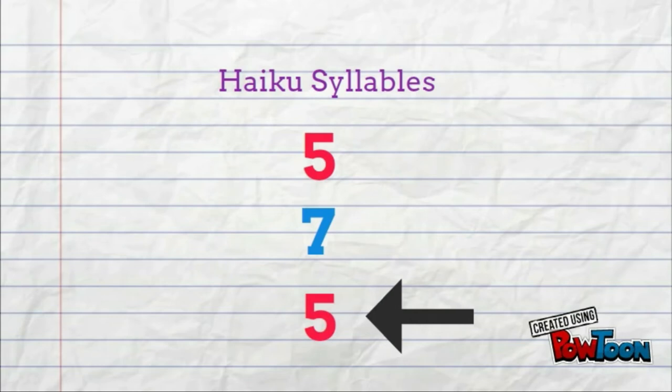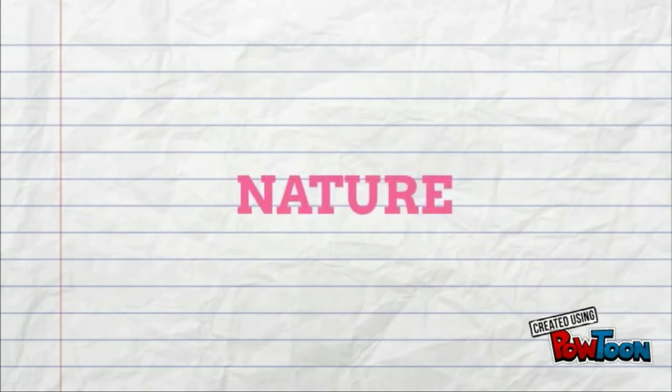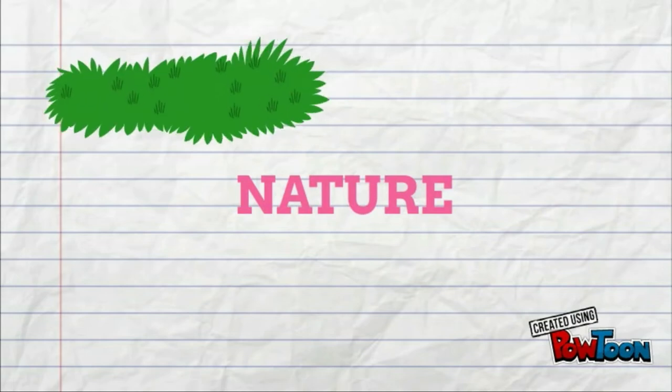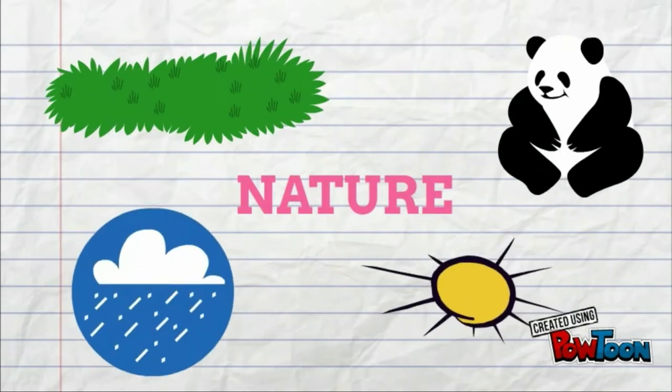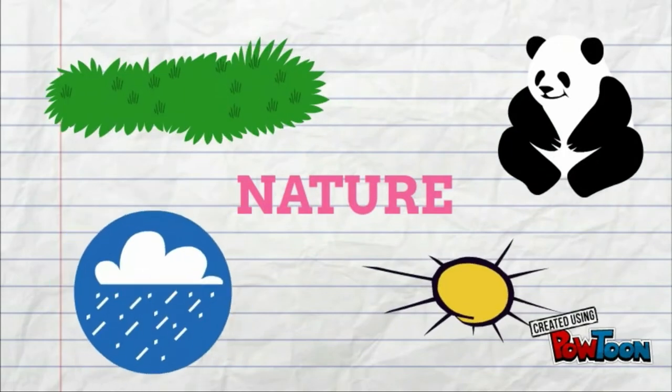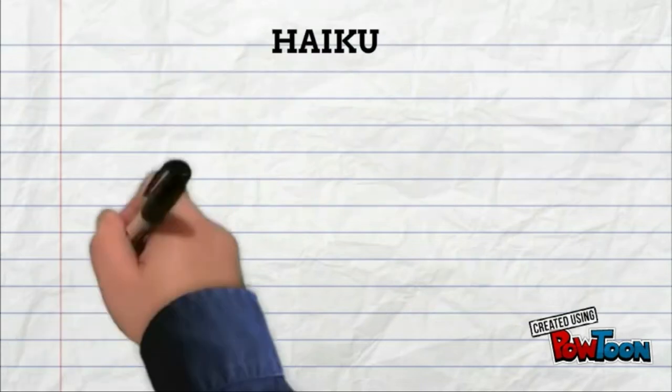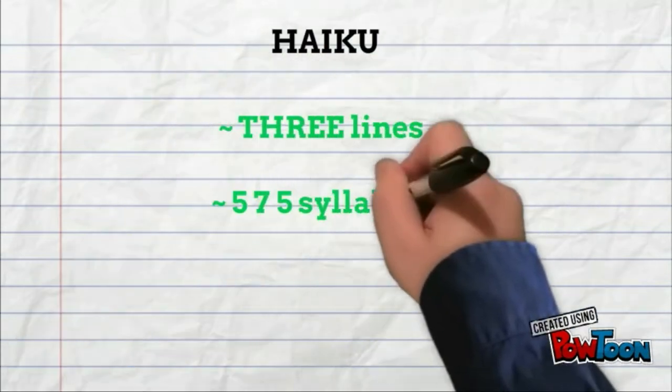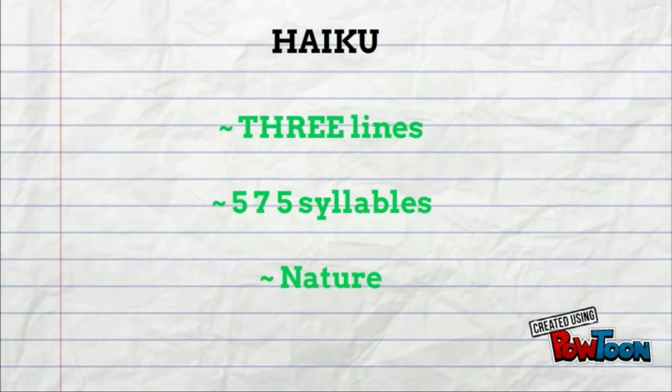You will always have the 5, 7, 5 pattern in most haikus. The most common topic for a haiku poem is nature, whether you're talking about grass, animals, or weather. All of them apply to nature. To review, a haiku poem has only 3 lines, follows the 5-7-5 syllable scheme, and is typically about nature.